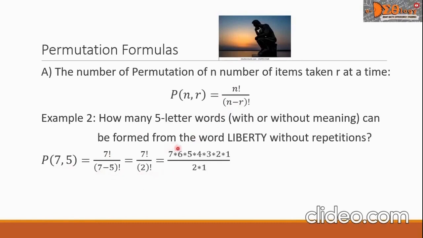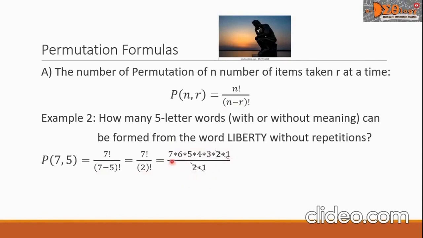This is now equal to 7 times 6 times 5 times 4 times 3 times 2 times 1, that is for the 7 factorial, all over 2 factorial, which is 2 times 1. We can cancel this 2 times 1 with the 2 times 1 in the denominator.